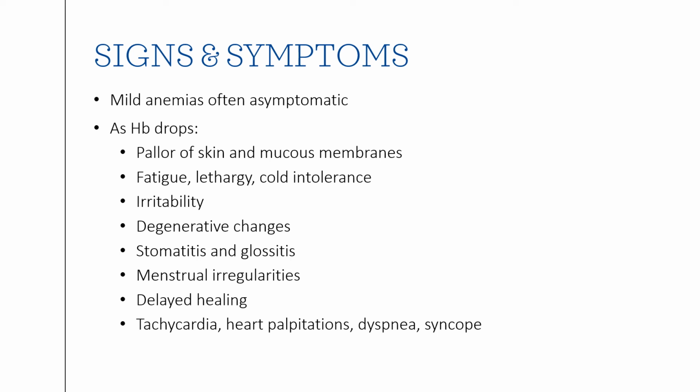As the hemoglobin also starts to drop, the patient becomes fatigued, lethargic, and has cold intolerance, again going back to the production of heat and ATP production that is required with oxygen. And so if your patient doesn't have enough hemoglobin, they lack that oxygen carrying capacity, which means that metabolism is slowed, and heat production and energy production is also slowed.